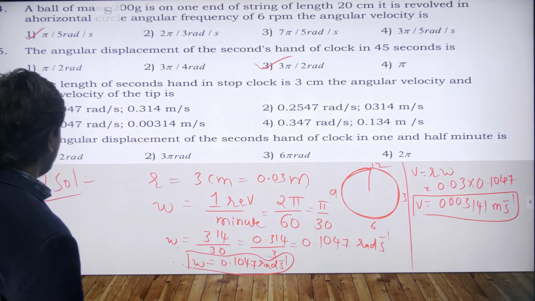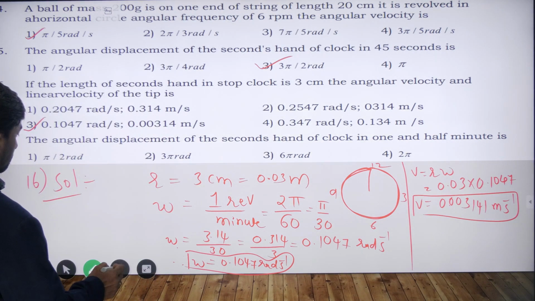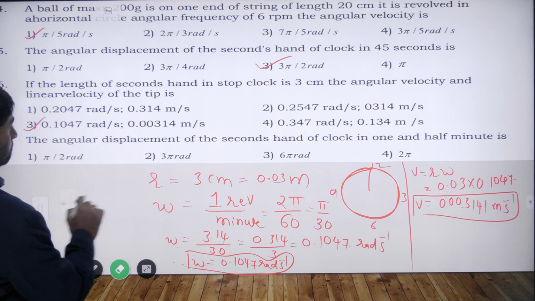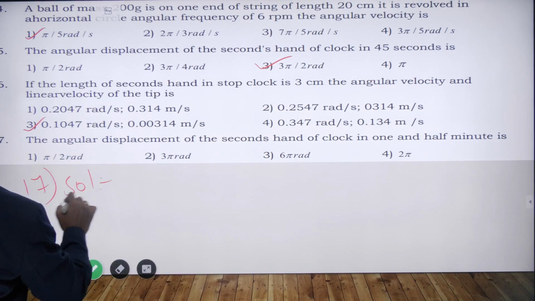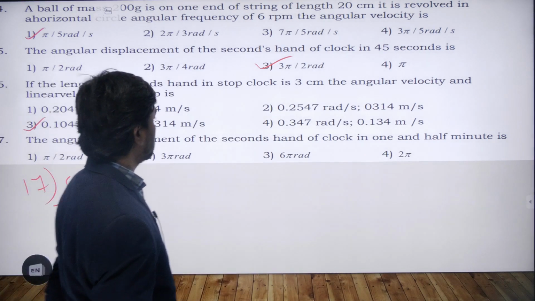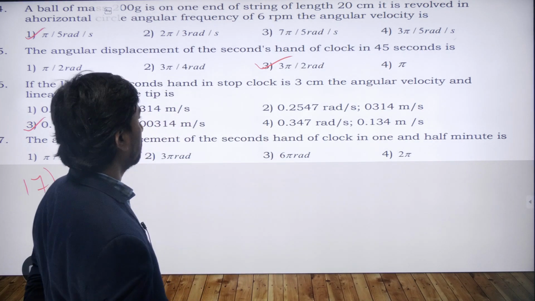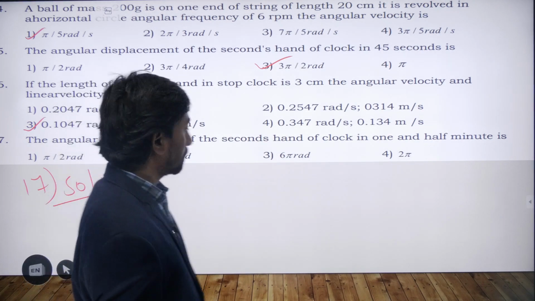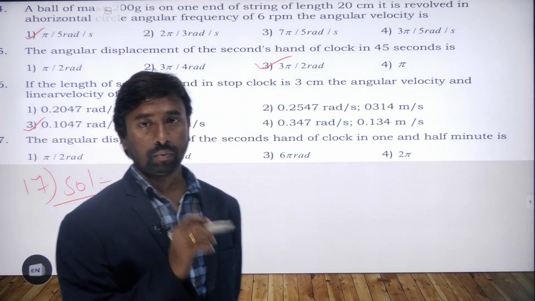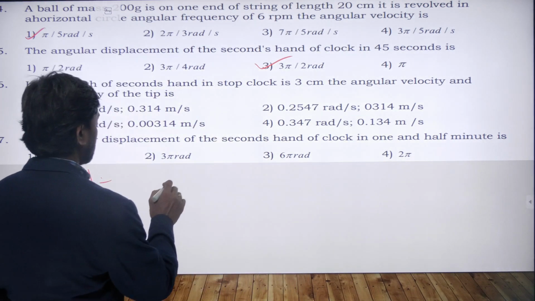So see, the 17th one: the angular displacement of the seconds hand of a clock in 1.5 minutes. They are asking only angular displacement, meaning angular position. So theta is equal to how much?